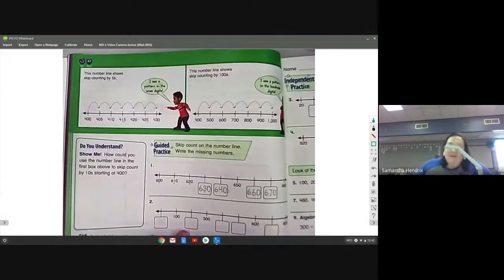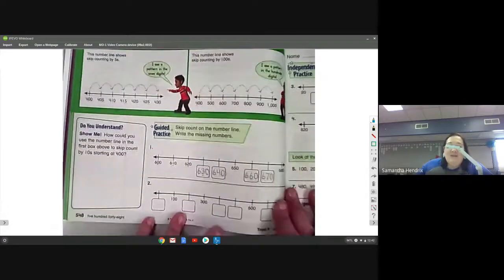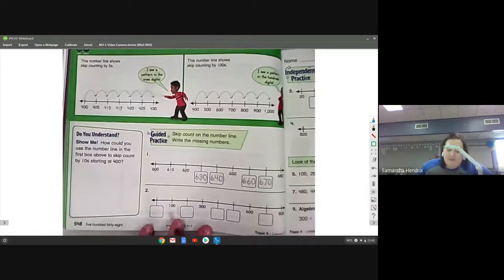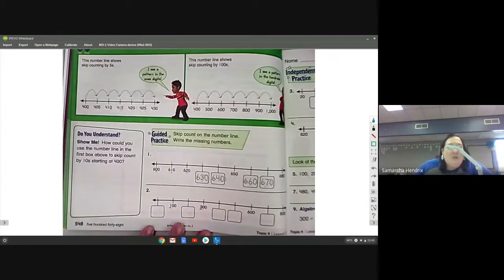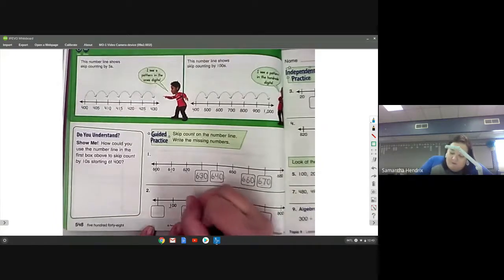Okay, let's look. We start out with a blank. So let's look. We have blank, 100, blank, 300, blank, blank, 600, blank, 800. I know between 100 and 300, this hundreds digit, what could go between 1 and 3? 200.